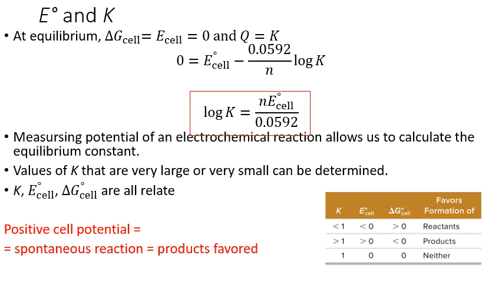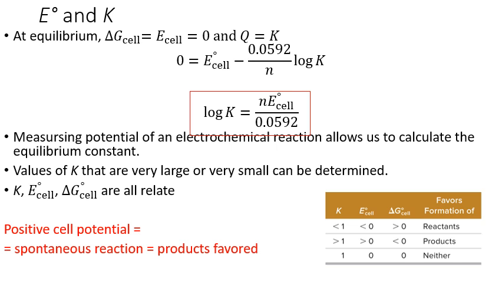When an oxidation-reduction reaction comes to equilibrium, there is no change in concentrations, and hence no electron flow and no electrical potential. That means that E cell is equal to zero, and we already know that at equilibrium, Q is equal to K. In the Nernst equation, that means that the equilibrium constant for an oxidation-reduction reaction can be found directly from the standard cell potential by setting the non-standard cell potential equal to zero.